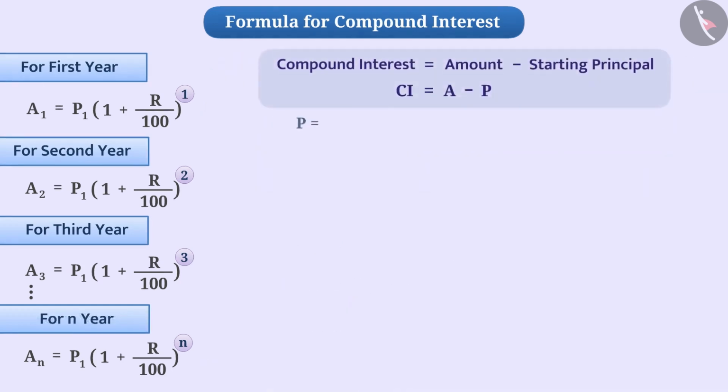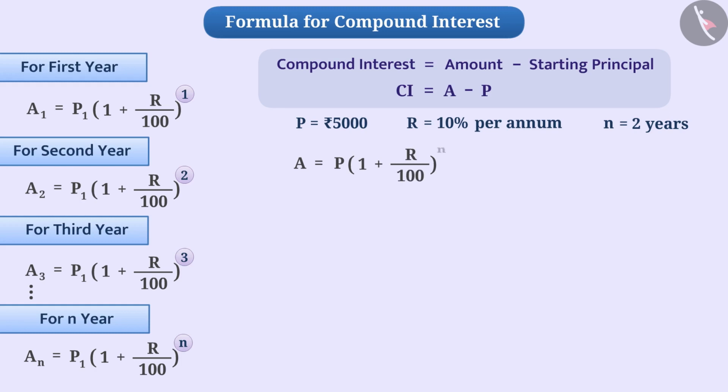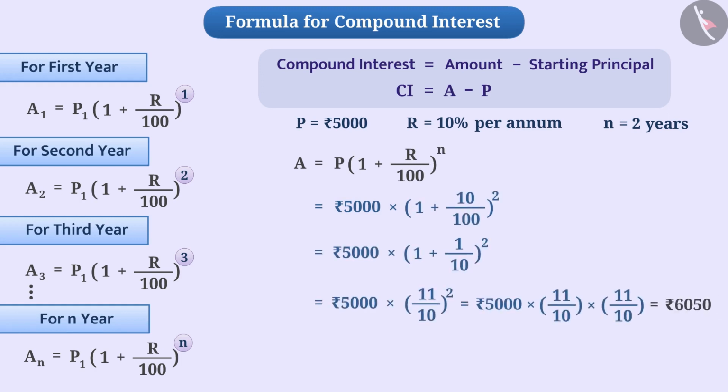Now consider P is equal to rupees 5,000, R is 10% per annum and n is equal to 2 years. And we need to find out the compound interest, then we can use this formula. A is equal to P into bracket 1 plus R by 100 bracket raised to the power n, which is equal to rupees 5,000 into bracket 1 plus 10 by 100 bracket raised to the power 2, which is equal to rupees 6,050.